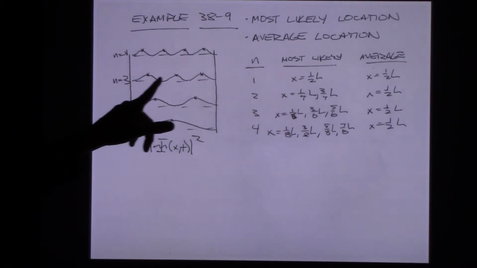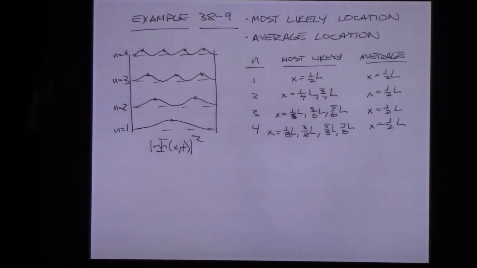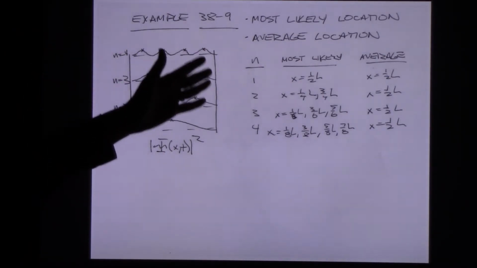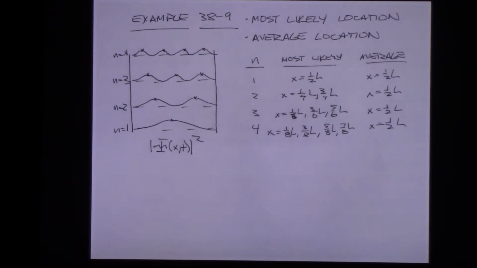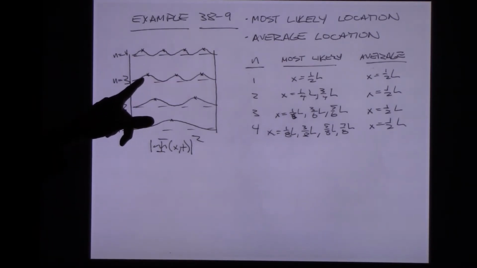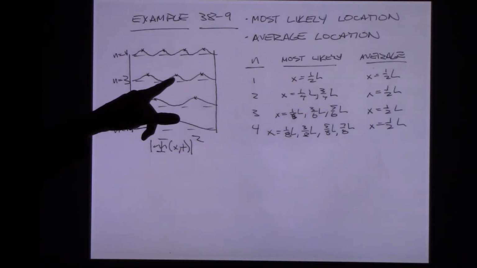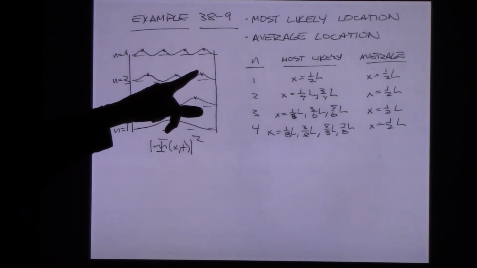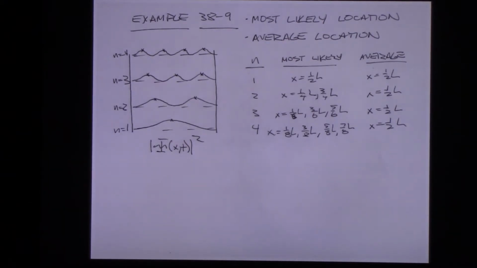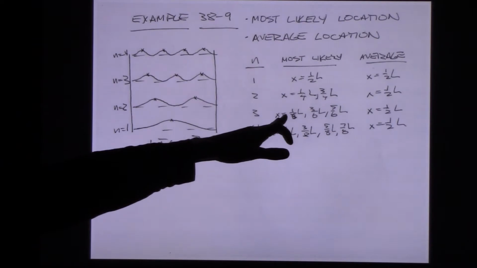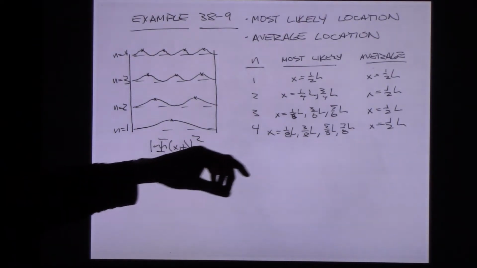For the n equals 3 quantum state, we can divide that up into sixths. And the peaks are going to happen at the odd sixths. 1/6 is a peak, 2/6 is a node, 3/6 is a peak, 4/6 is a node, 5/6 is a peak, 6/6 is a node. In fact, it's the other wall. So 1/6, 3/6, 5/6.